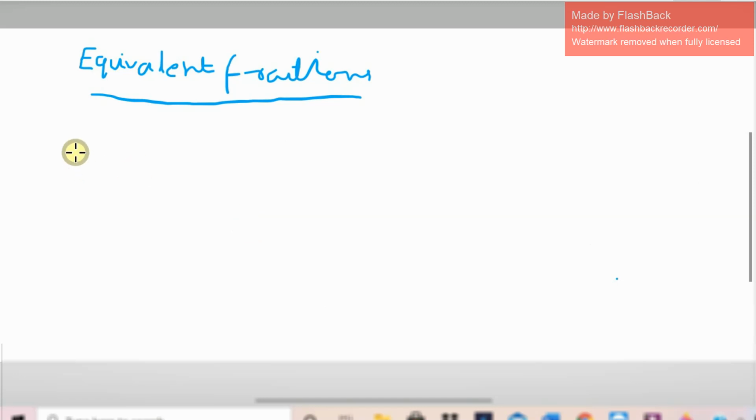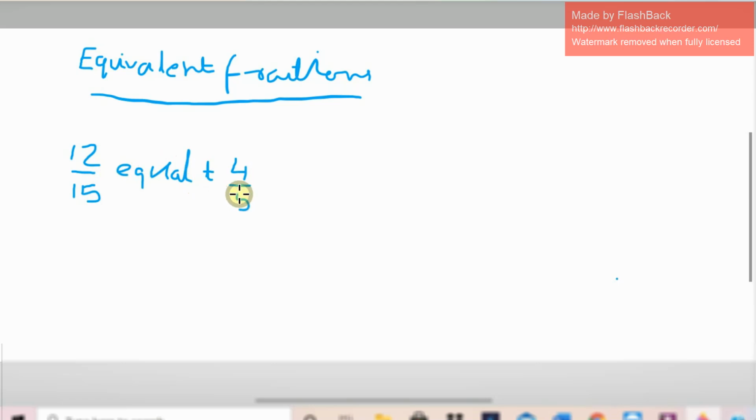We have 12/15 equal to 4/5. So we have to find out whether both statements are equal to each other.